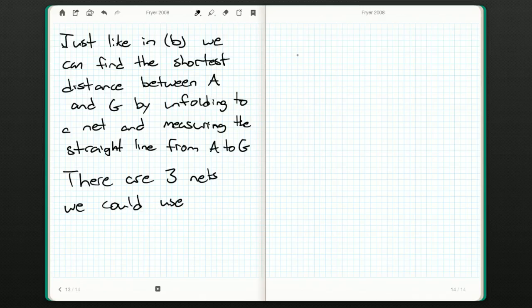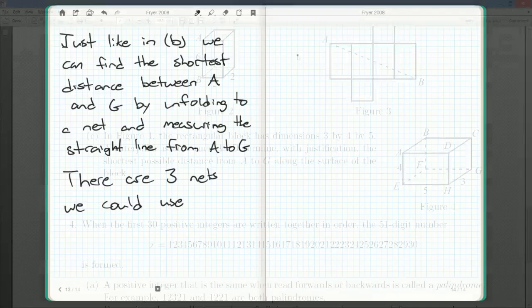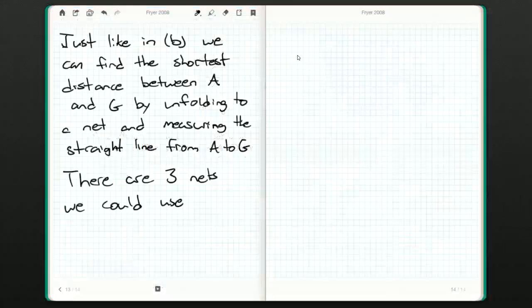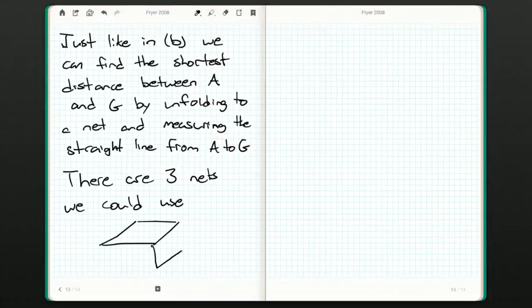All right, so what were the dimensions and where? So 3 back, 5 on the bottom, and 4. All right, let's redraw our picture. So A is here, G is here. I think it was A, B, C, D on the top.